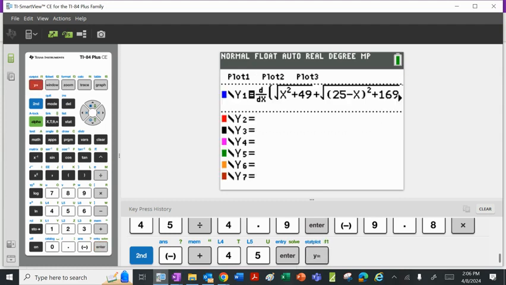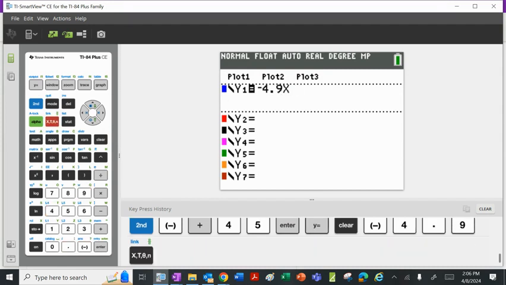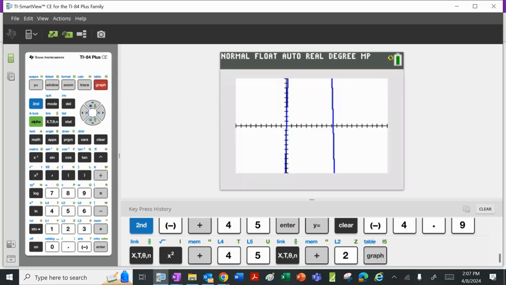So y equals negative 4.9x squared plus 45x plus 2. I want to know when that equals 0. So go ahead and graph it. It is a negative function.